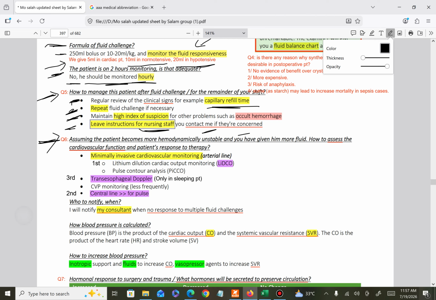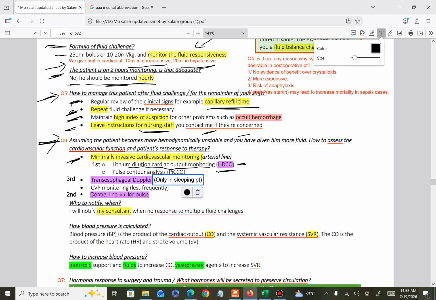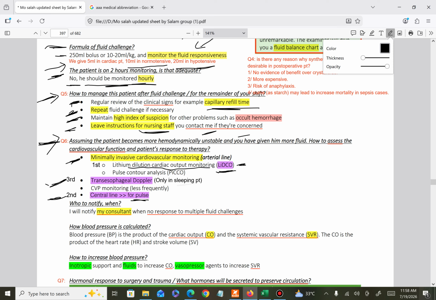Cardiovascular function and response can be checked first by minimally invasive cardiovascular monitoring, by two methods: lithium dilution cardiac output monitoring, LIDCO, and pulse contour analysis. This is the first step. The second is a central line, and the third is transesophageal Doppler, only in a sedated patient.